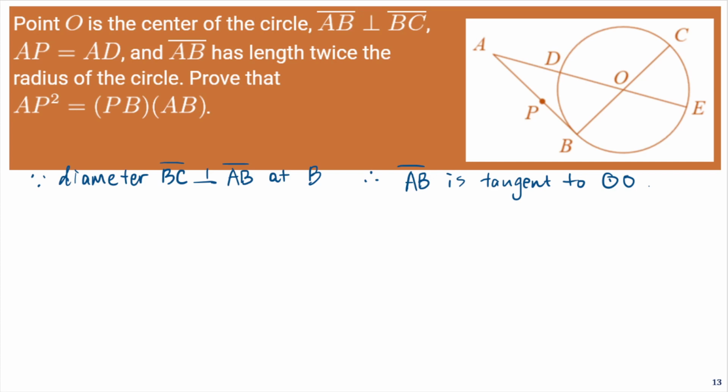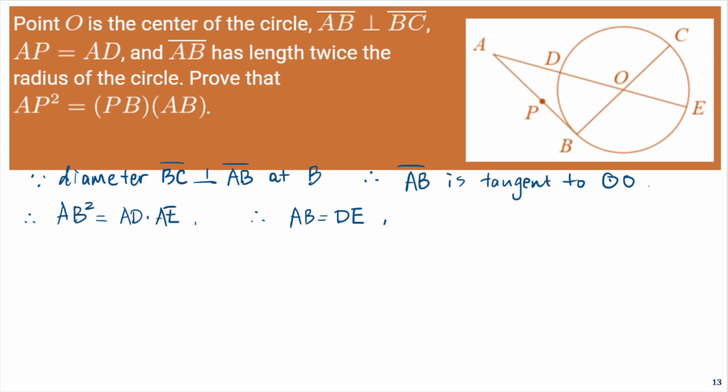Therefore, the power of point A gives us AB squared must equal AD times AE, right? We are given AB equals twice the radius of the circle of which DE is a diameter. So we have AB equals DE.